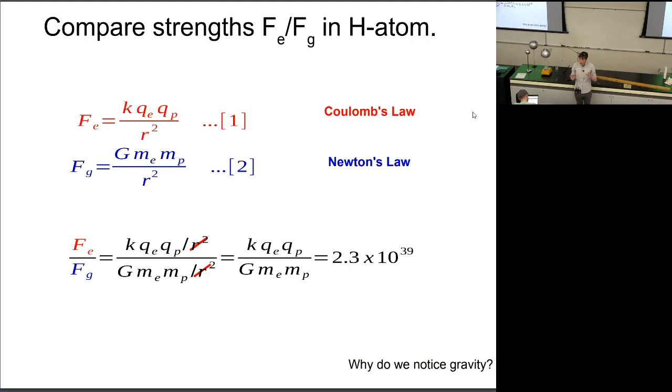The electrical force was 10 to the power 40 times stronger, but you notice the gravitational force between you and the Earth. That's why the much weaker gravitational force overwhelms the much stronger electrical force when we think of objects like the Earth and us interacting with the Earth.